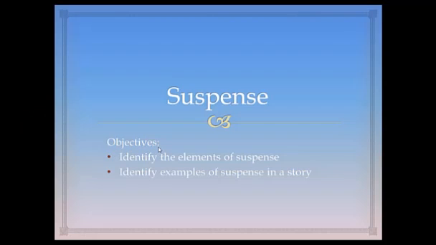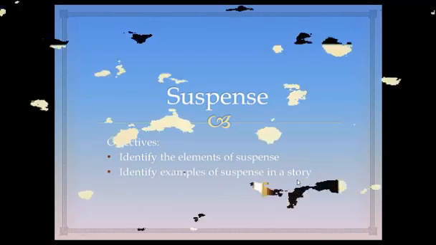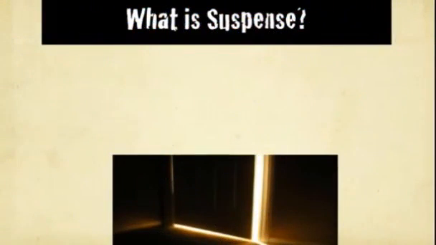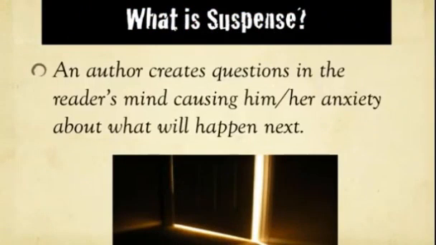Today we will be talking about this literary element, and our objectives are to identify the elements of suspense and to identify examples of suspense in a story. To begin with, what is suspense? Well, it is when an author creates questions in the reader's mind, causing him or her anxiety about what will happen next.